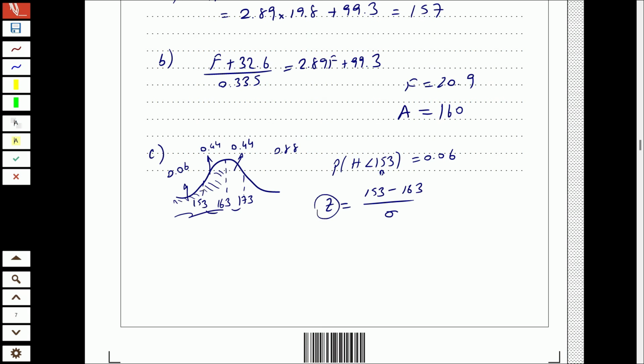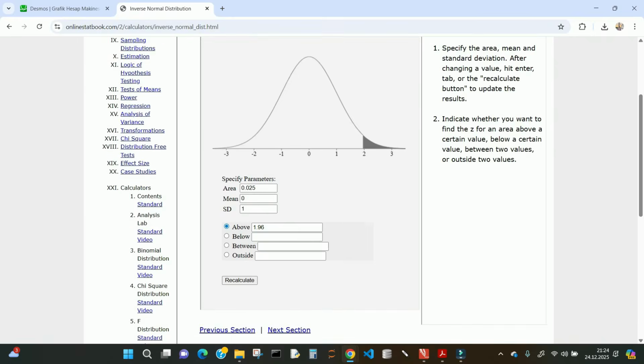So how are we going to find the z-score? In the TI, you choose the inverse of the normal distribution, because we already know the probability. You write the area that we found, 0.06.